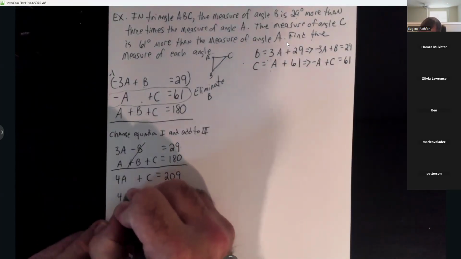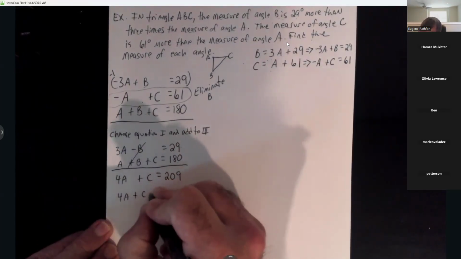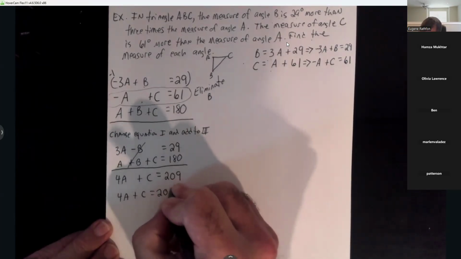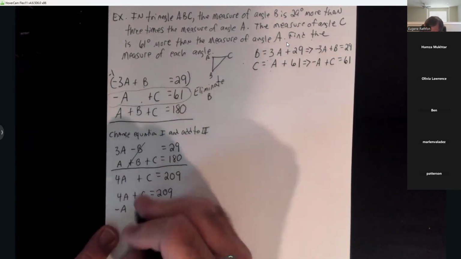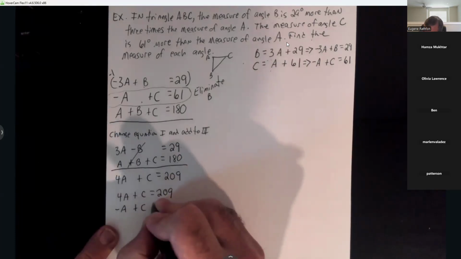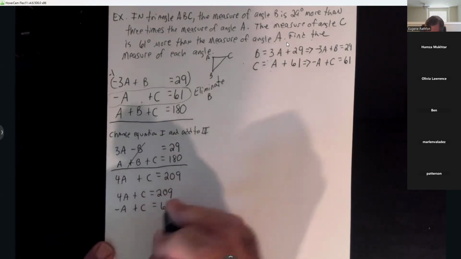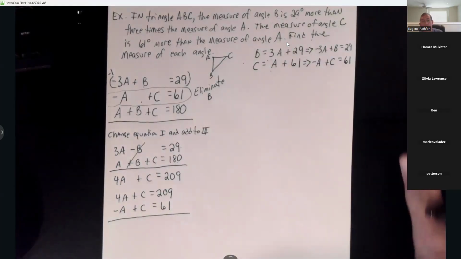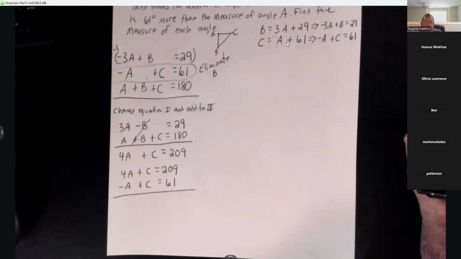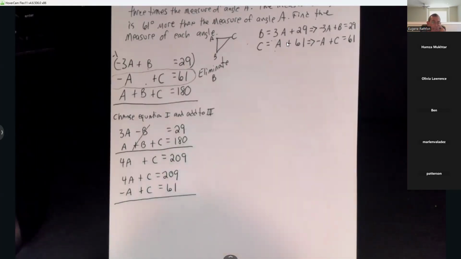So we got 4A plus C equals 209. This is a -A plus a C equals 61. So they're a little better if you're missing variables on these, okay?